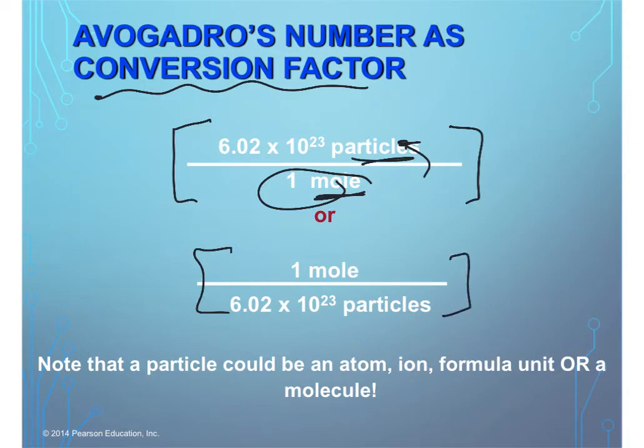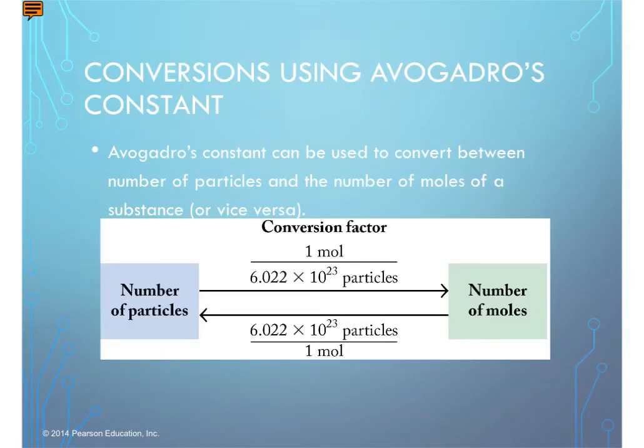And depending on what units we're starting with and what units we want to end up with, that equality can be expressed as a ratio, right side up or upside down. Okay, so we'll go through it just to remind you of how to do that.